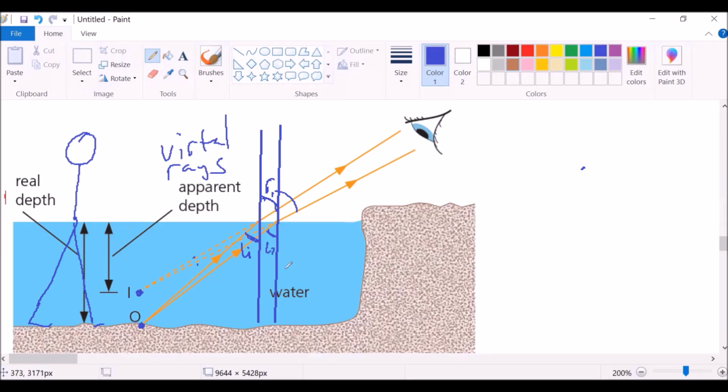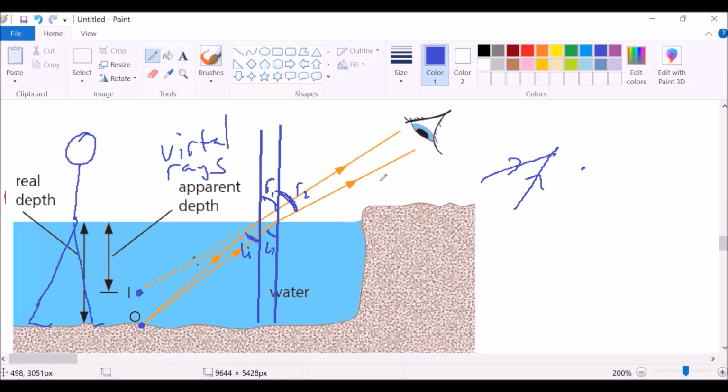Let's call it I2. It will give an even larger angle of refraction, R2. The rays that come out from there are now diverging. Now we know rays form an image when they converge, when they come together. But in this instance, they are diverging.